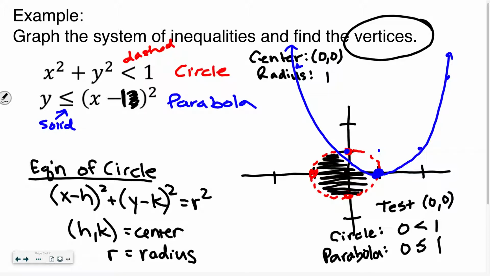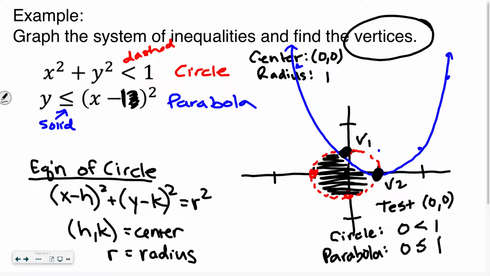Vertices are like the corners of your shaded region, but you only want the corners that are intersections of 2 graphs. So in this image, I'm going to call this V sub 1, and this is going to be V sub 2.